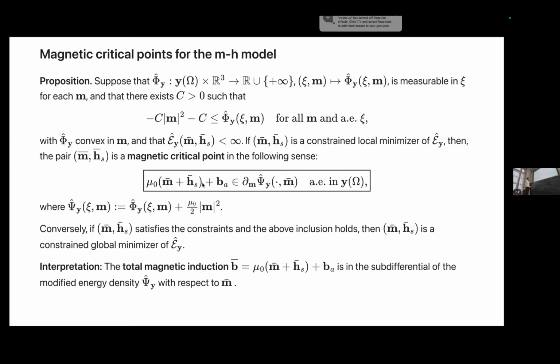And it is exactly the B field that I was showing before. So this is B.